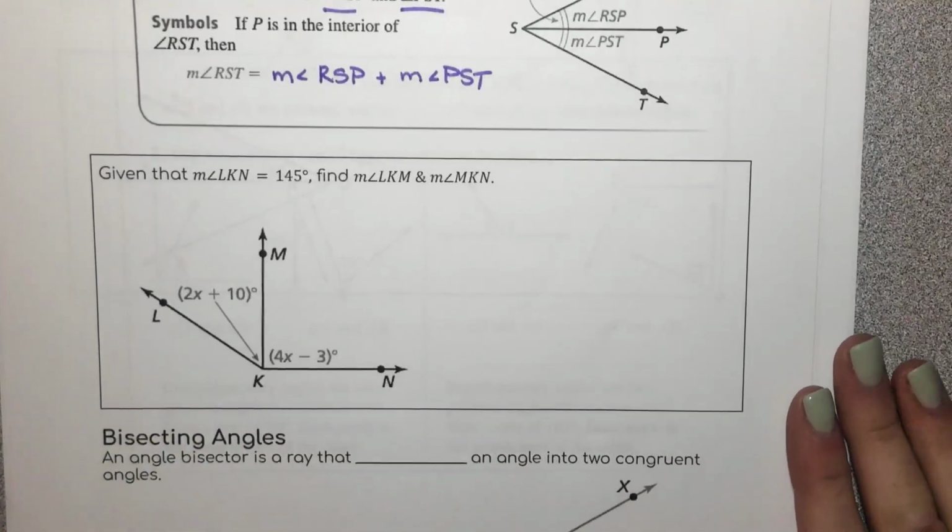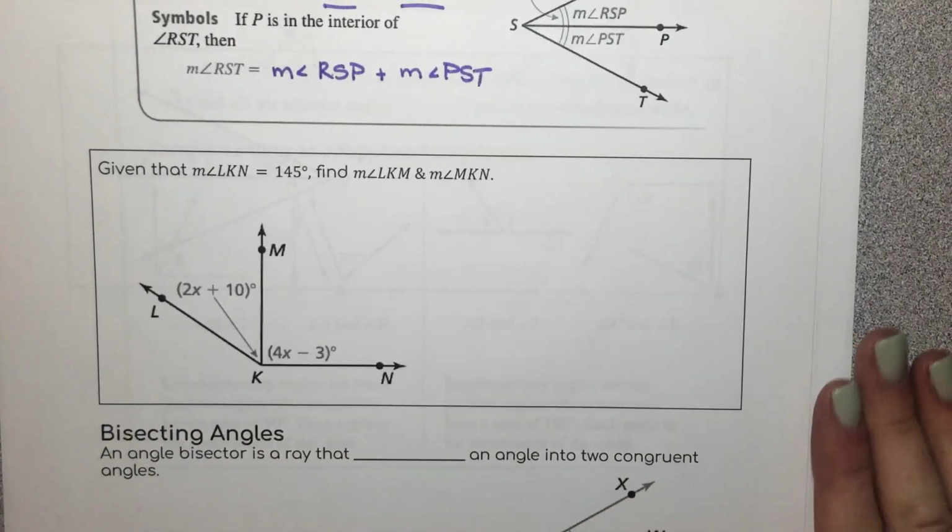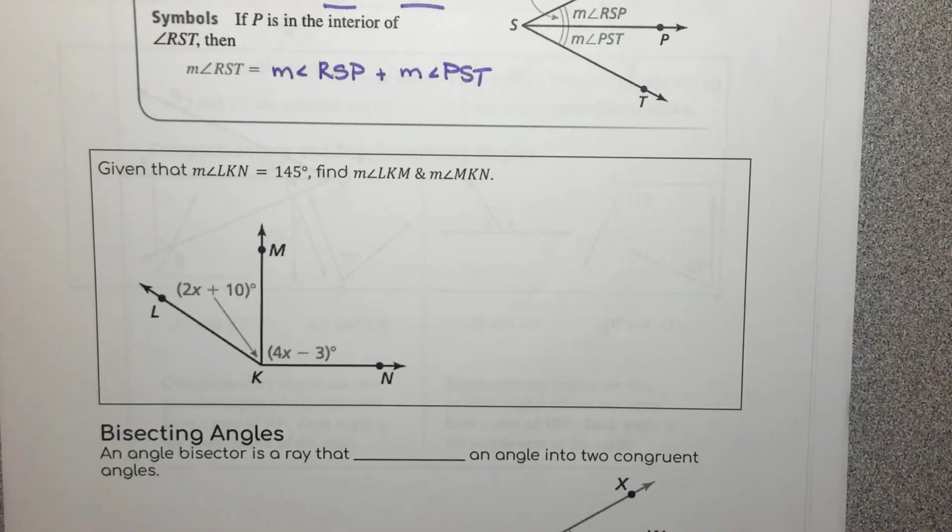Okay, here's the algebra you all love. So given that the measure of angle LKN, so that's the whole thing, LKN, is 145 degrees, find the other two angles. So the angle addition postulate says if we add these two things together, we better get the whole thing.